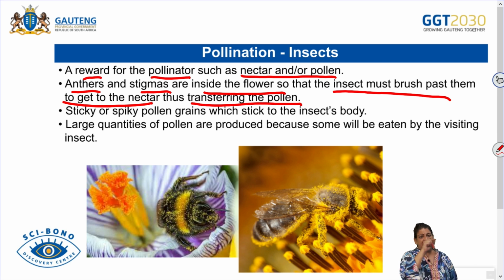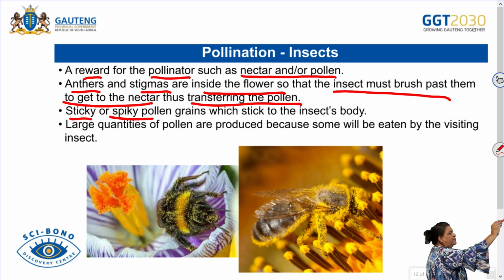Then when the bee moves to the next flower, the pollen from the one flower on the back of the bee is transferred to the sticky stigma of the next flower. And that's how pollen is going to get transferred.